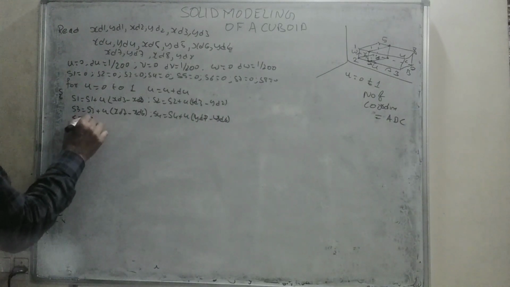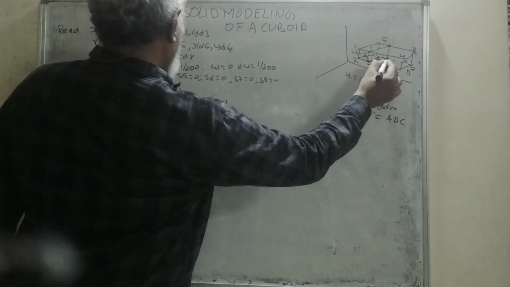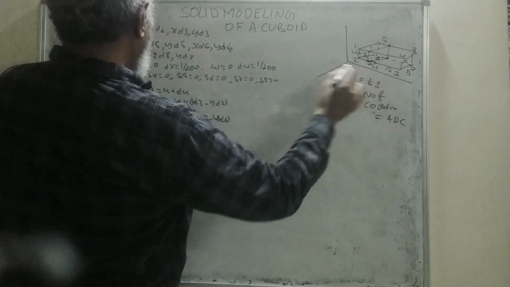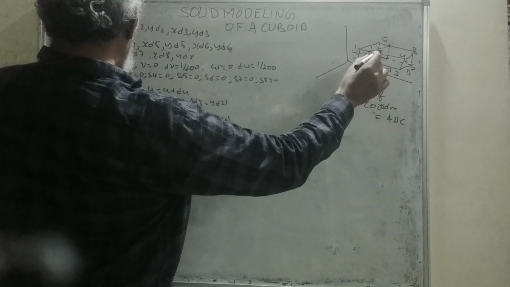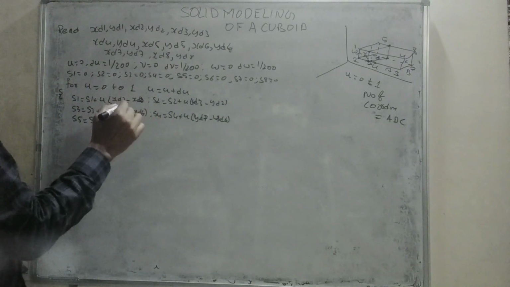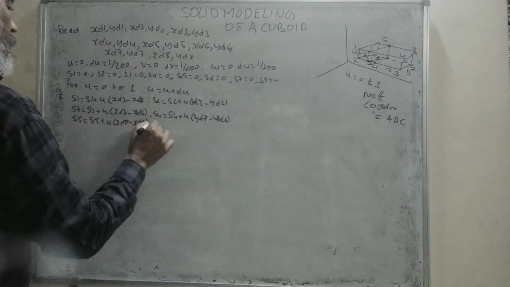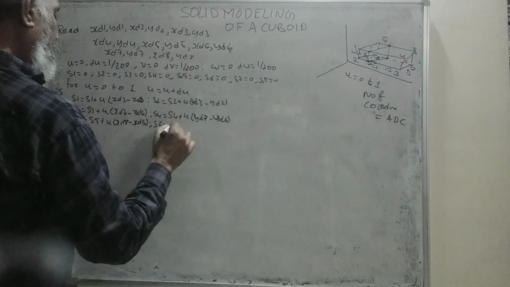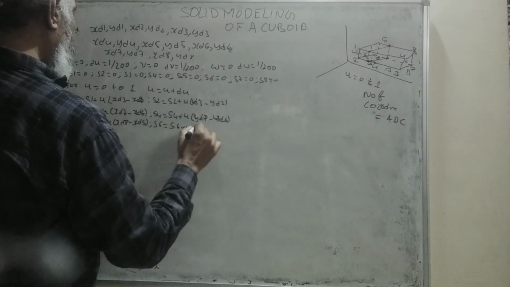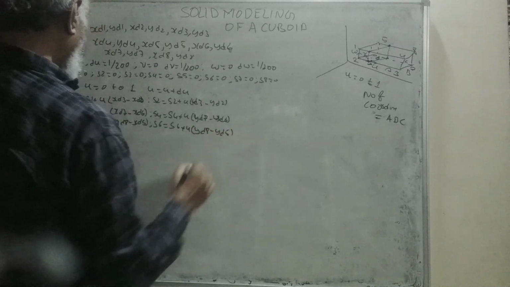S5 is equal to S5 plus u into XD8 minus XD5. So this point is over, 3, 2 is over, 6, 7 is over. S6 is equal to S6 plus u into YD8 minus YD5.